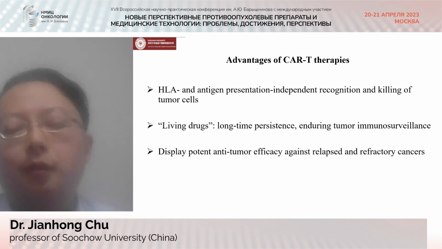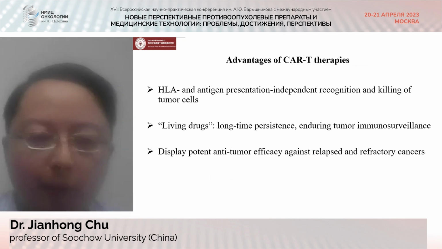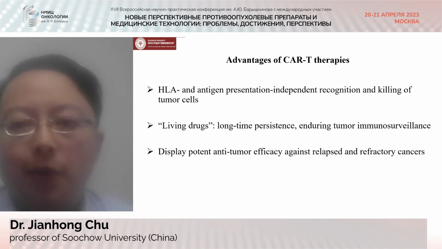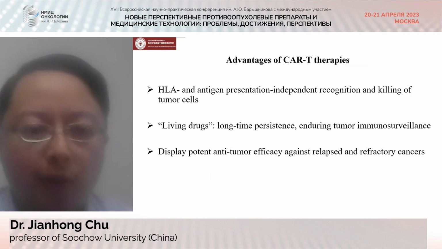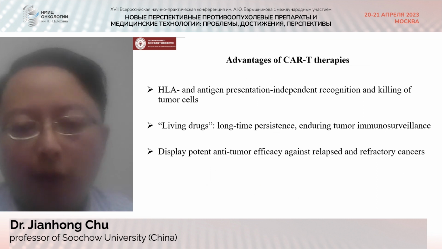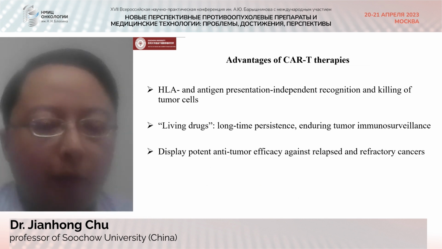Compared with other therapies, CAR T therapies have some advantages. Firstly, the CAR T cells can recognize and kill the tumor cells in an HLA and antigen presentation independent manner. Secondly, the CAR T cells can persist for a very long time in vivo, from several weeks to several years, and this can help establish enduring tumor immune surveillance and help the patients maintain long-term cancer-free survival.